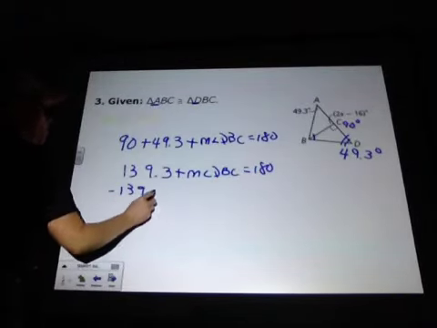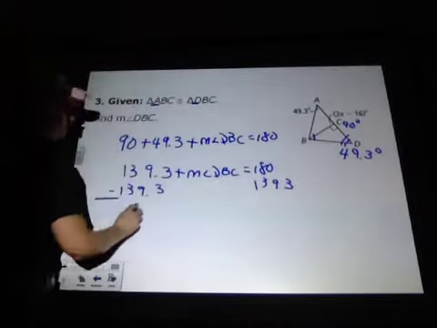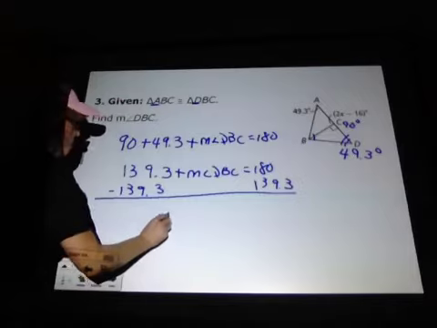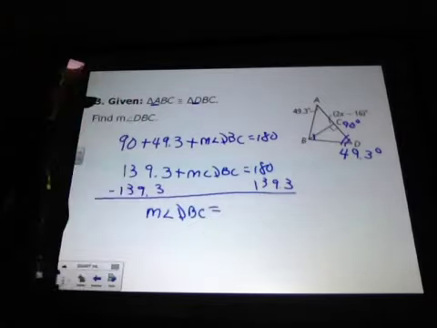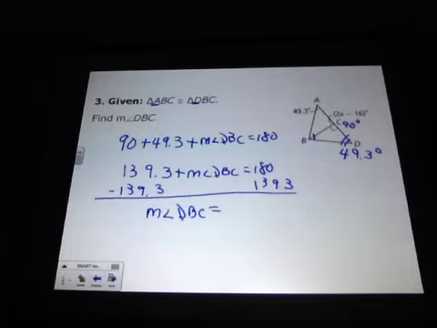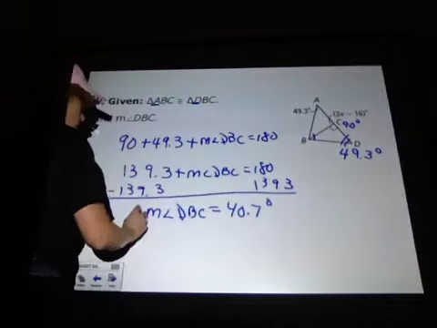Use your subtraction property of equality. So the measurement of angle DBC is going to be 40.7 degrees.